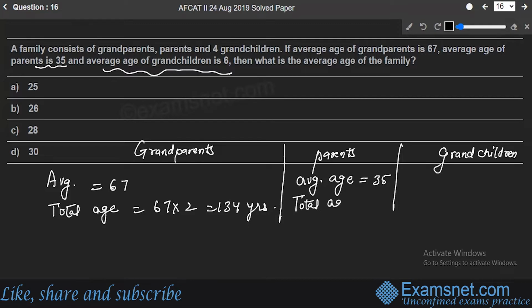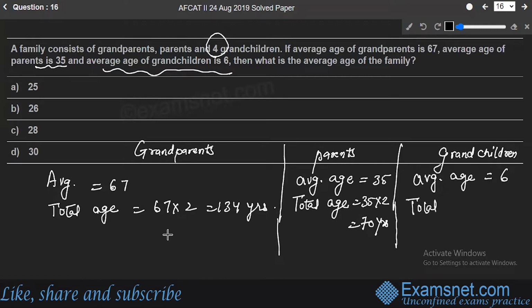What will be the total age? 70 years. Right. And for the grandchildren, in the question, it's given there are 4 grandchildren. Average age for grandchildren is 6. Total will be 6 into 4, that is equal to 24 years.